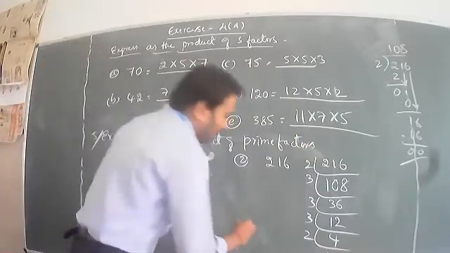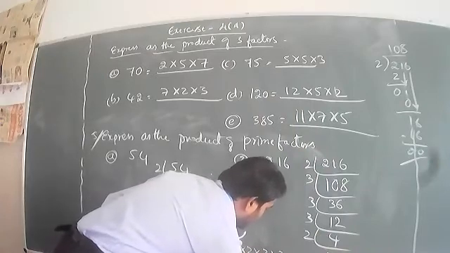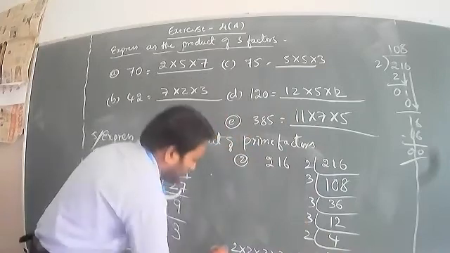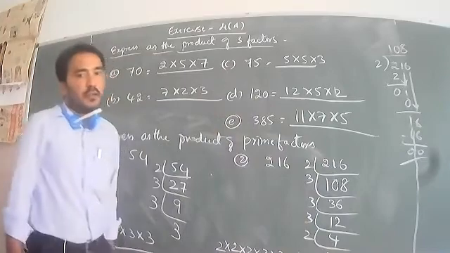Now taken the prime numbers. 2 into 2 into 2 into 3 into 3 into 3. Okay, so this is the prime factors.